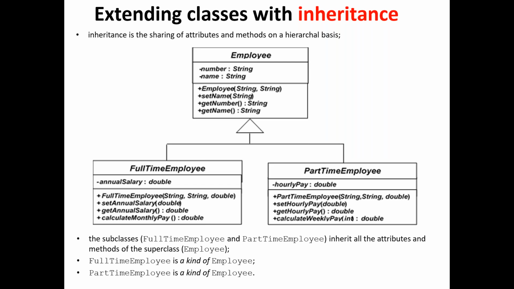For example, they might have income attributes in common. So the subclasses FullTimeEmployee and PartTimeEmployee inherit the attributes and methods of the superclass Employee. A full-time employee is a kind of employee, and a part-time employee is a kind of employee, because they inherited the methods.